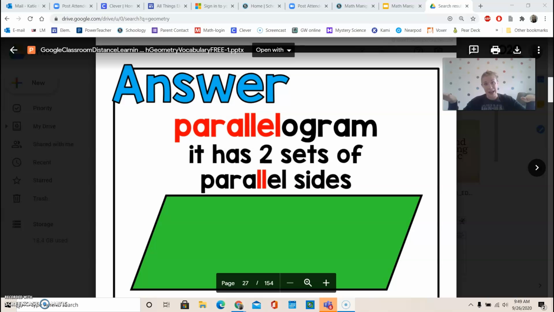So parallel lines have 2 lines that go forever in both directions that never touch. An example to think about would be railroad tracks, how they go on and on forever, but they never ever touch, okay? So there's a few different types of parallelograms that we're going to learn about.